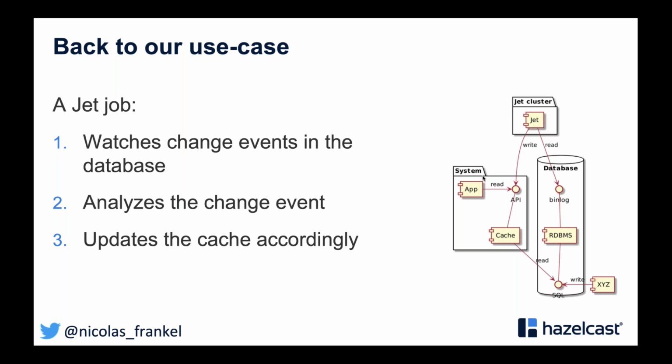What we will add is a Jet job that will read from the binlog, because I will be using MySQL in the demo. It will get all the change events made by the XYZ component, and then propagate the new value to the cache. In that case, the cache will always be evergreen, which is exactly what we want.